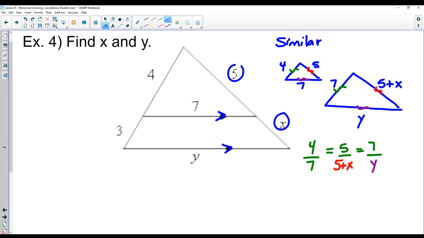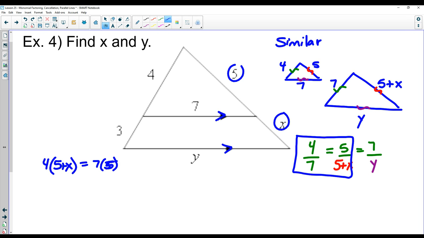Cool. Let's go ahead and solve for x first. So we're going to grab that ratio where the x is and set it equal to the ratio that we know. Cross multiply. So 4 times 5 plus x equals, cross multiply the other way, 7 times 5.